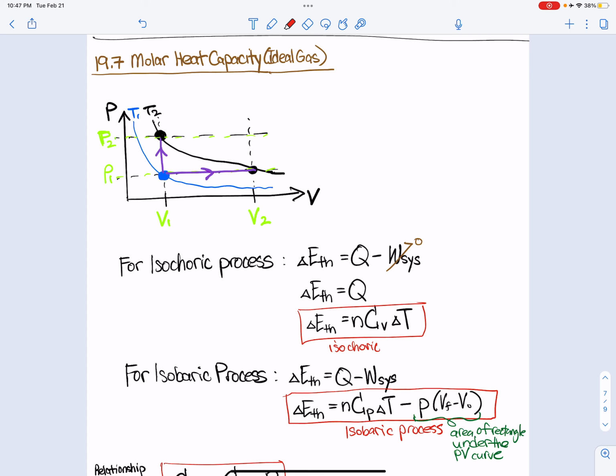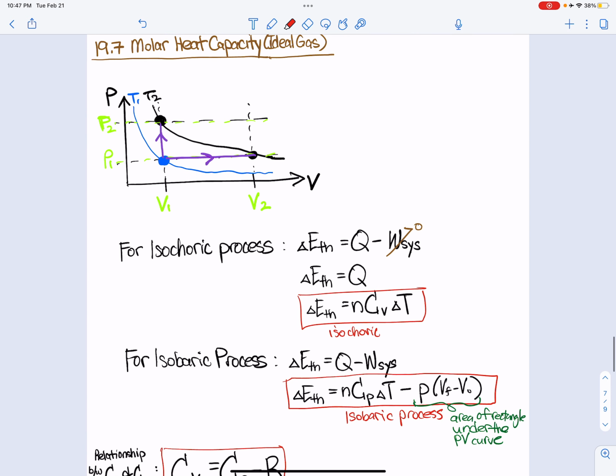For an isochoric process, we've talked about this earlier, so I won't delve into it too much. Looking at the first law, change in thermal energy equals heat transfer minus work done by the system. In an isochoric process, constant volume, it's a vertical line. There's no area under the curve, so work is 0.